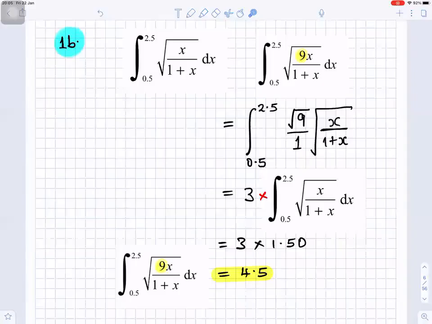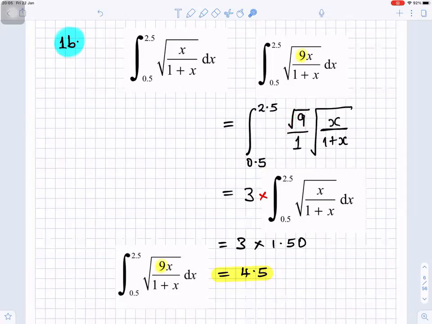For part B, we know that the 9 there is the difference between what we use the trapezium rule formula to work out. So it's square root of 9 times x. So we can take the 9 out and find the square root of 9. Square root of 9 is 3.